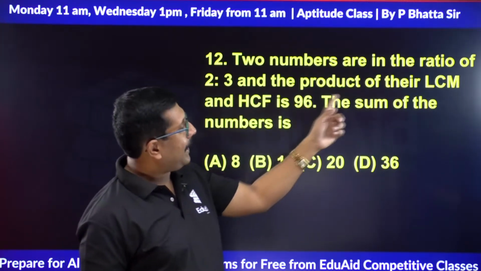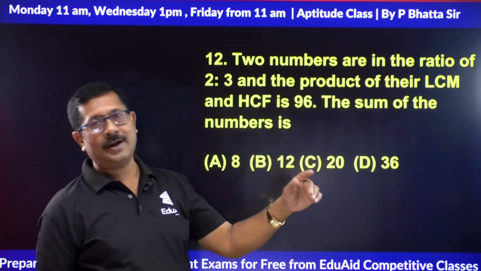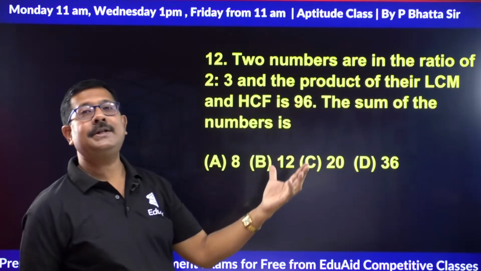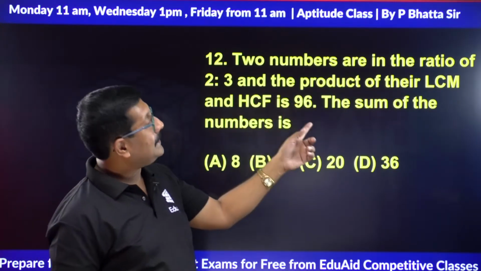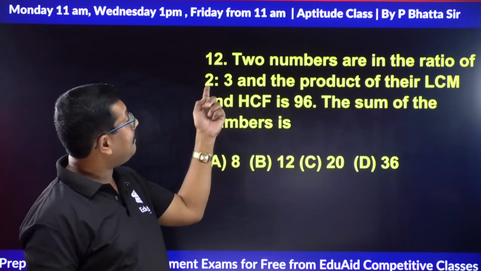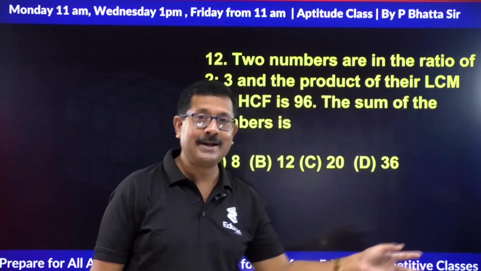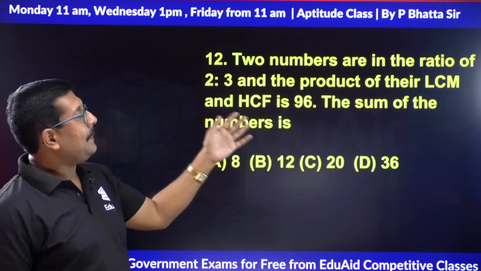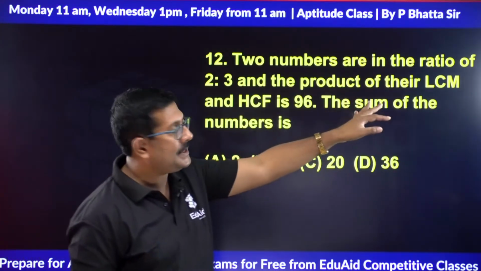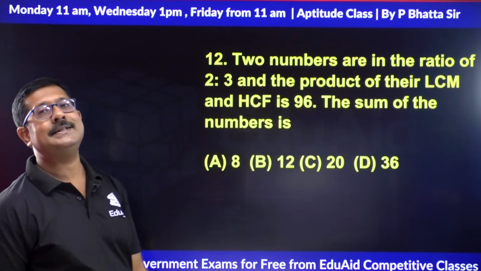So product of LCM and HCF of two numbers is same as the product of the numbers. গতিকে 96 যেহেতু LCM আৰু HCF ৰ product, তাৰমানে 96 এই হ'ব নাম্বাৰ দুটাৰ product। কোন দুটা নাম্বাৰৰ product? যি দুটা নাম্বাৰ 2:3 ৰেচিঅ'ত আছে। গতিকে product of the numbers হৈ গল 96.